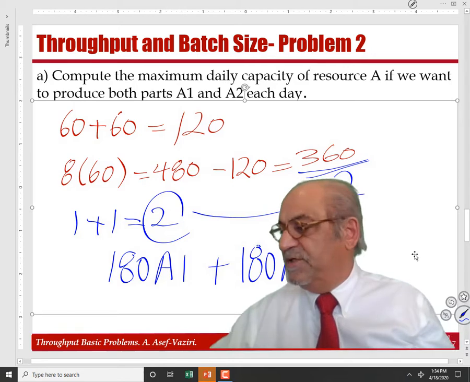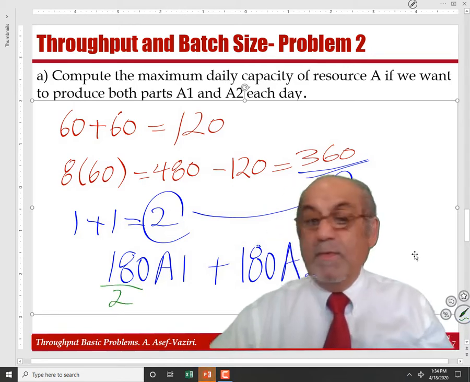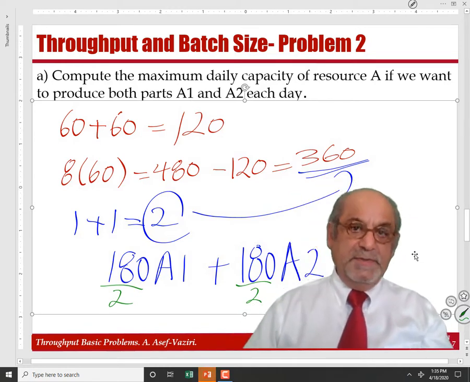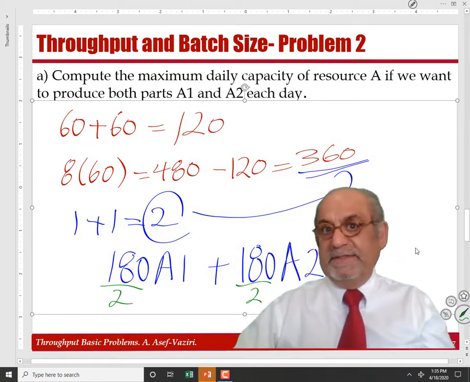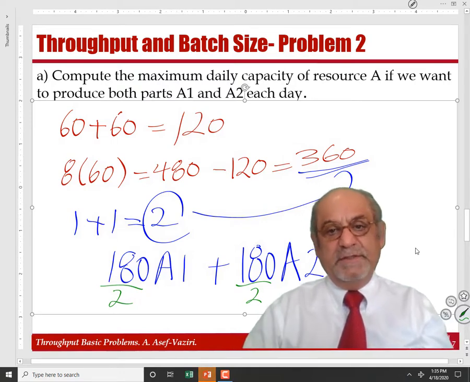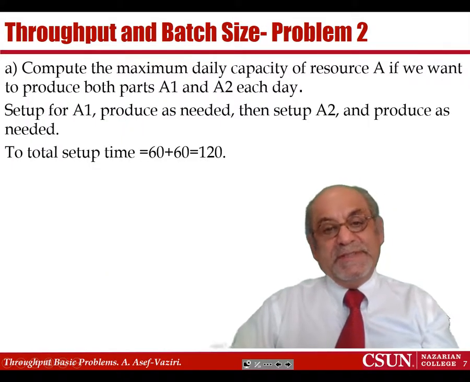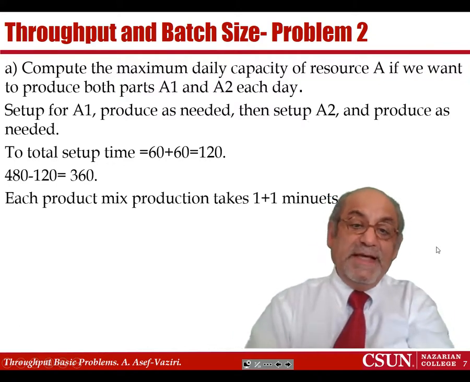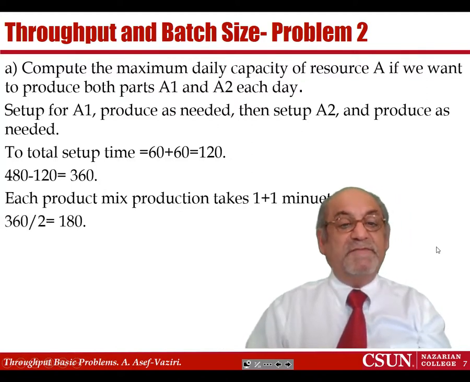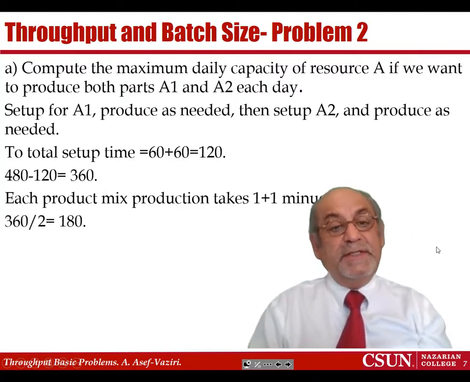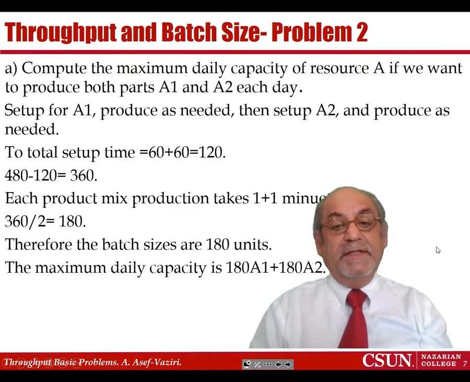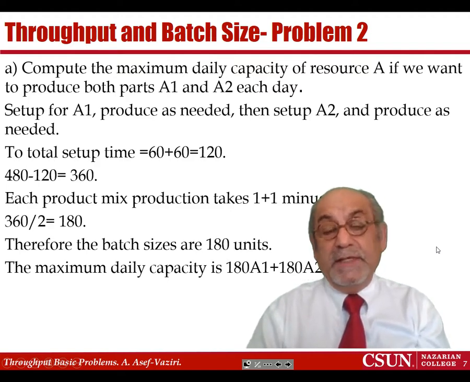Average inventory of each one, 180 divided by 2, 180 divided by 2. This is the maximum capacity and average inventory. 120 setup time, 360 minutes available time, 2 minutes for each pair of products, 180 pairs of product per day, that is 180 A1 and 180 A2.